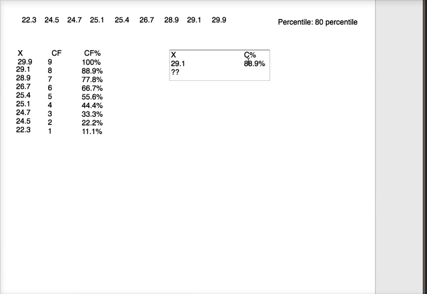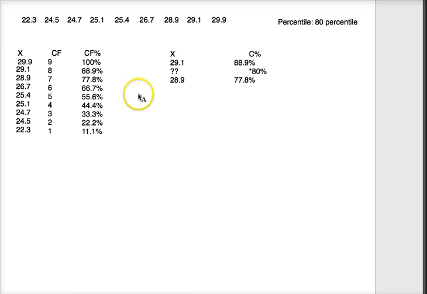But we do know that we are looking for the 80th percentile, so I'm going to put this number here. And then we do know the bottom number, which is the 28.9, and that's 77.8%.